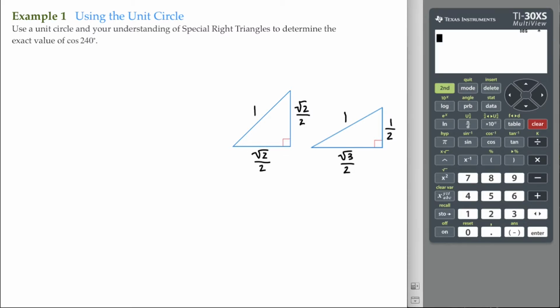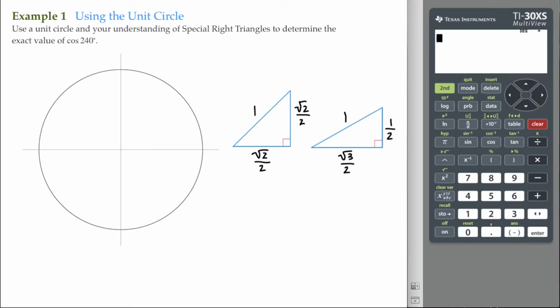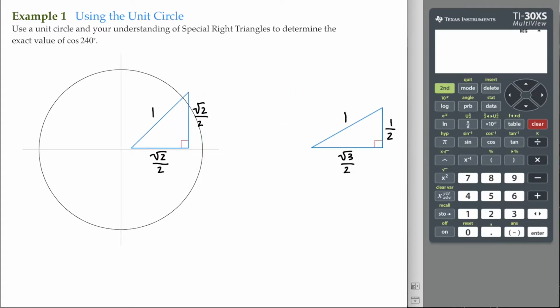So if you have a unit circle, I'm going to use a graphic here, but you should certainly draw a unit circle. It'll give you a little bit more clarity as far as what's going on, but I'm going to use this graphic just for demonstration purposes. If you can imagine this is our 45, 45, 90, and I'm going to sit it right here, where it hits the origin. Don't forget, this is a coordinate system.